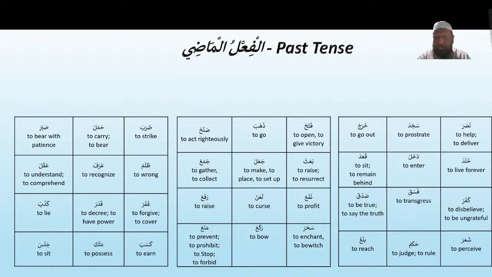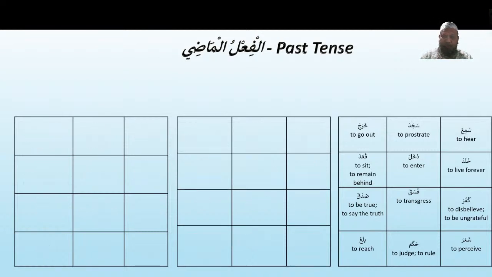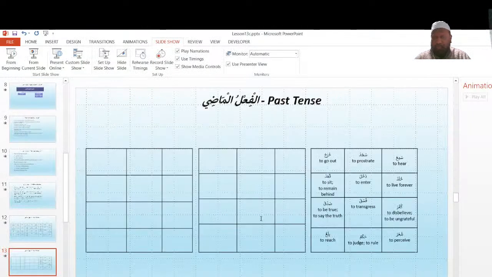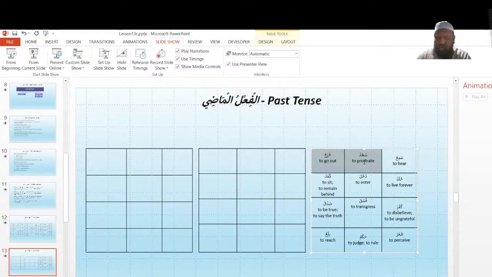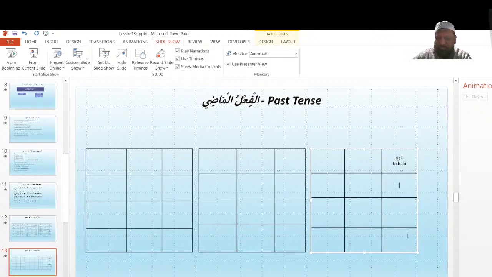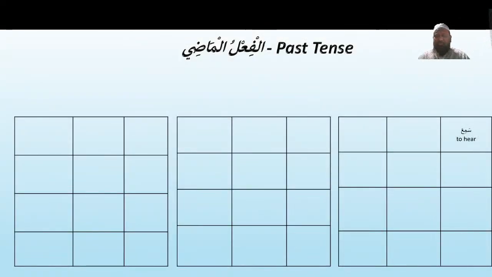Sorry, I was going to add the next group, the Samia group, but I didn't have enough time, so I couldn't add it. So maybe in the next lesson, I will add the group of Samia.